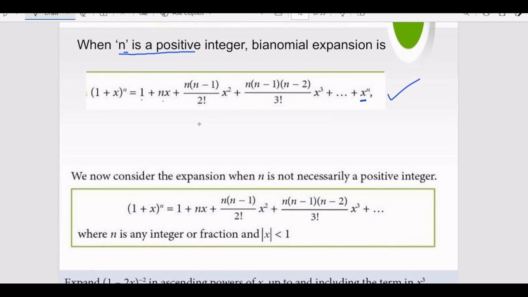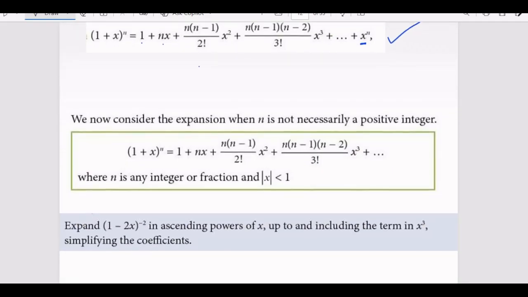It may be a fraction, or any negative integer, and modulus x is less than 1. So the expansion of 1 plus x to the power n is 1 plus nx, plus n into n minus 1 over 2 factorial x squared, and then you continue with n into n minus 1 into n minus 2 over 3 factorial x cubed.